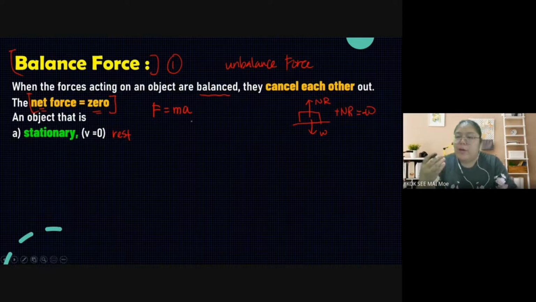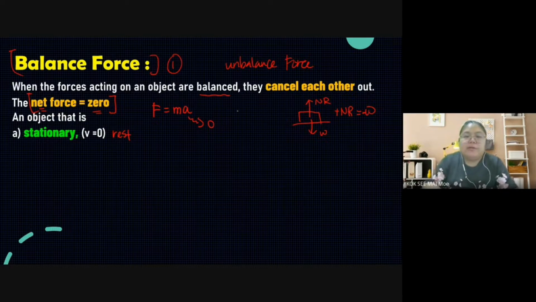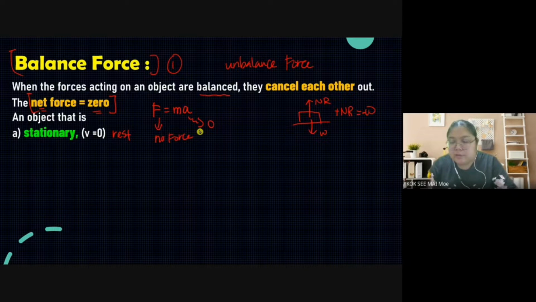If you have a value for a, sure you get the force. But stationary, the v is already 0. So understood, a also must be 0. No velocity, where is the acceleration? So from this situation, no force, because you know acceleration is zero, so I cannot do any calculation for the force.